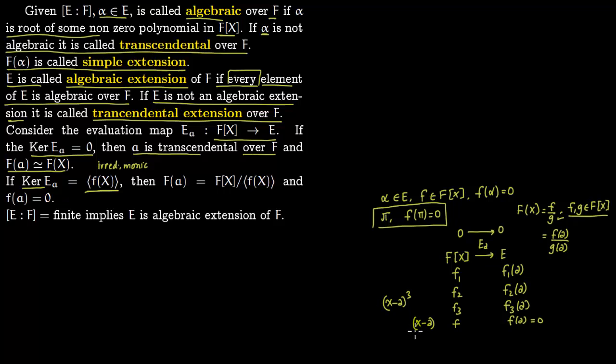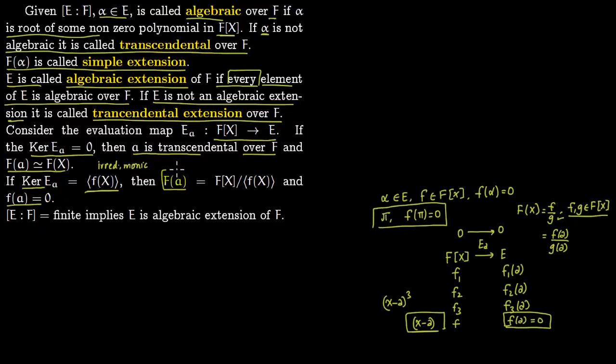So what you take is an irreducible polynomial. And you know that irreducible polynomials within the field are maximal. So if you mod out by the maximal ideal, what you will get is a field, and this field you write as F[alpha]. And obviously this f(alpha) is 0, just like here.